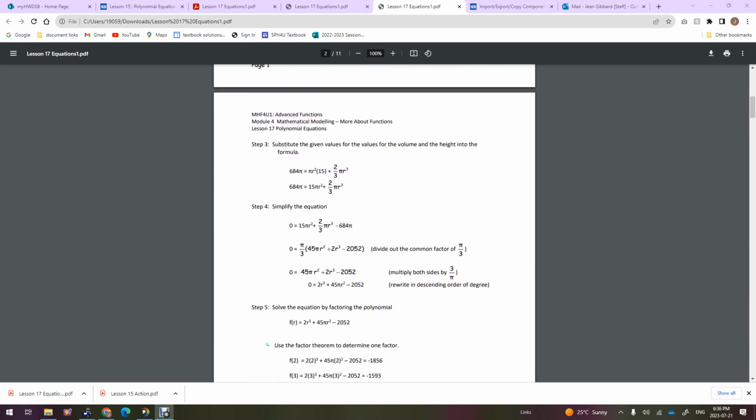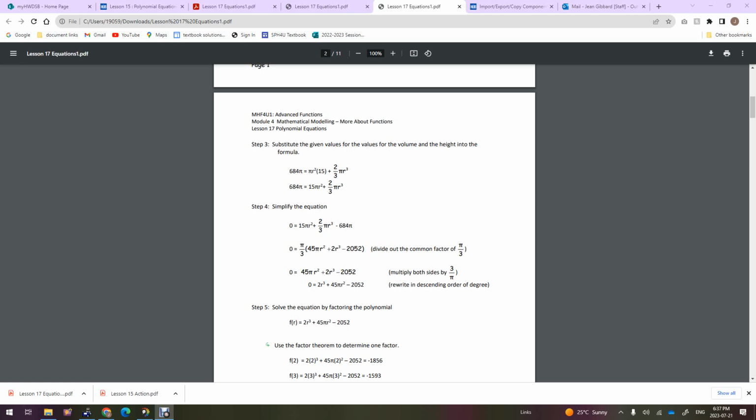From there, we're going to substitute the given values for the volume and the height into the formula. So 684 pi is equal to pi r squared times 15 plus 2/3 pi r cubed.